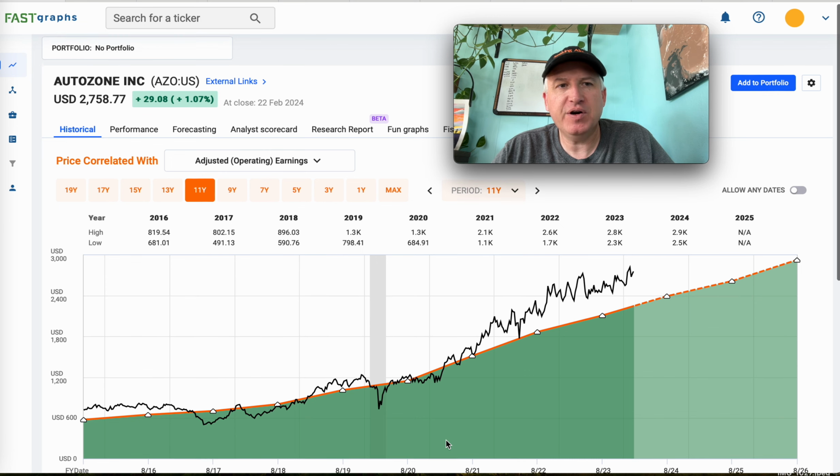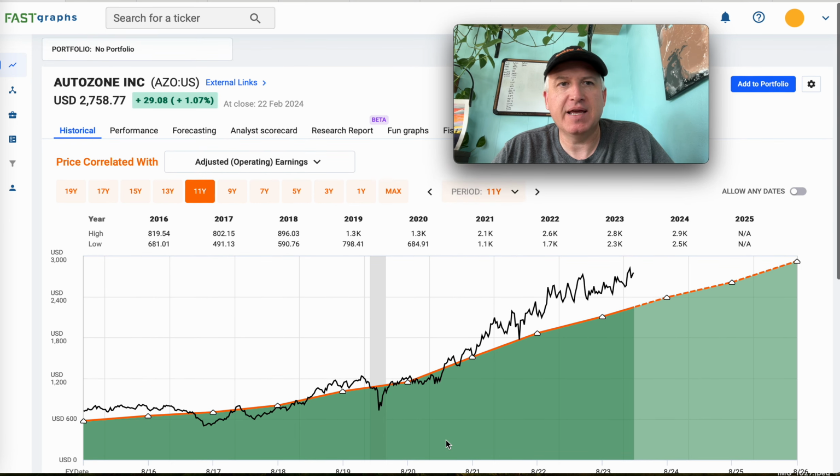But first, I'll start off by saying my view of share buybacks is different than most investors' view of share buybacks. When I look at the earnings of a business, I really look at them from the perspective of an owner of the business.